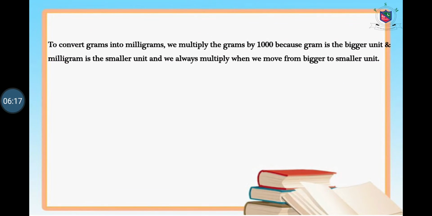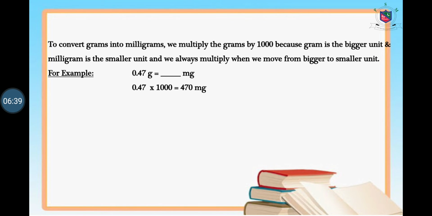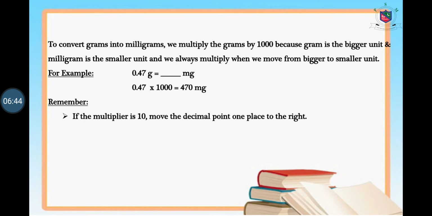And next, if we are converting the grams into milligrams, we have to multiply by 1000 because gram is the bigger unit and milligram is the smaller unit. And we always multiply when we convert the bigger unit to the smaller unit. For example, 0.47 gram. So here we have to multiply by 1000 and we have to remember that when we multiply any number, then we have to move the decimal point to the right side.